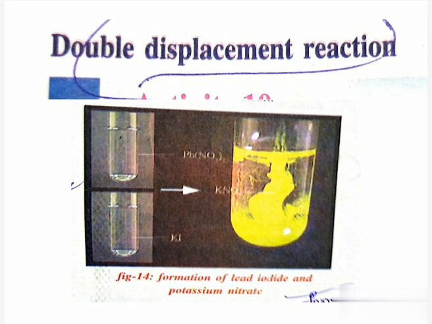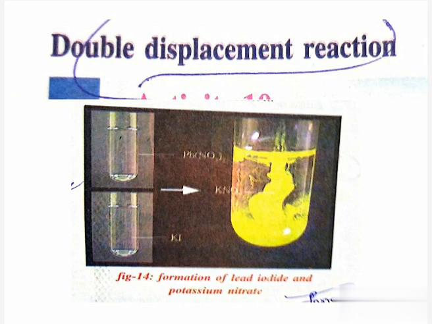A yellow colored substance which is insoluble in water was formed as a precipitate. That precipitate is lead iodide.